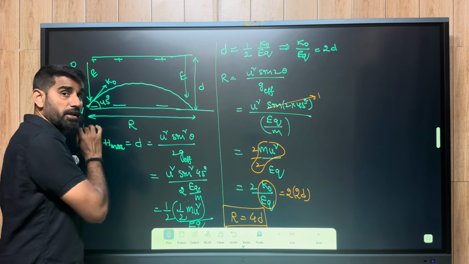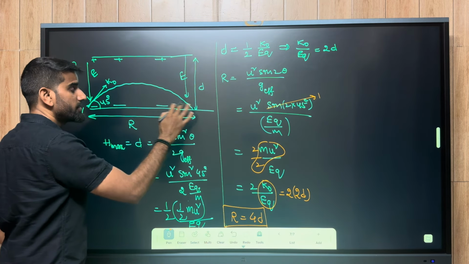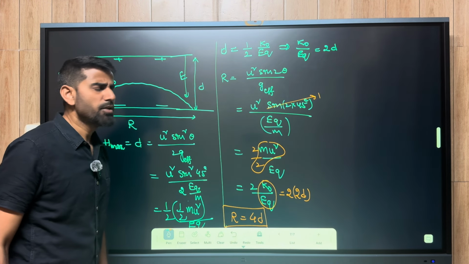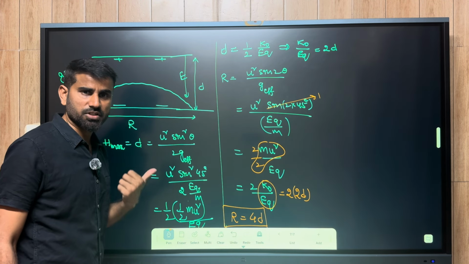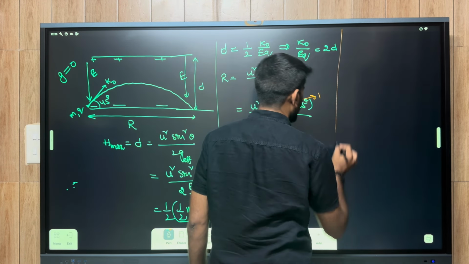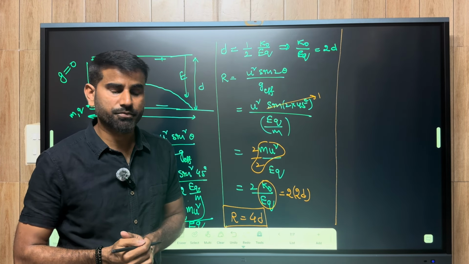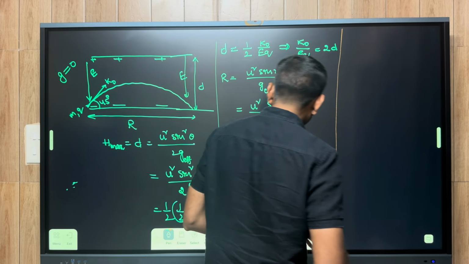So at what distance from A, the starting point, the particle again hits the plate, which is nothing but range of the projectile. Now let's move on to one more key point that I'm going to discuss now.